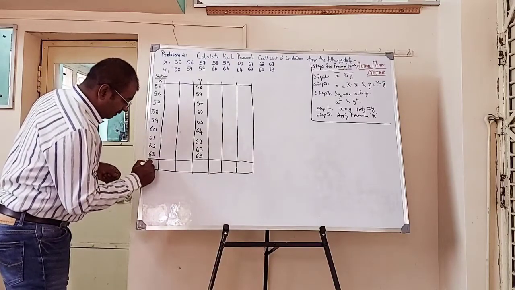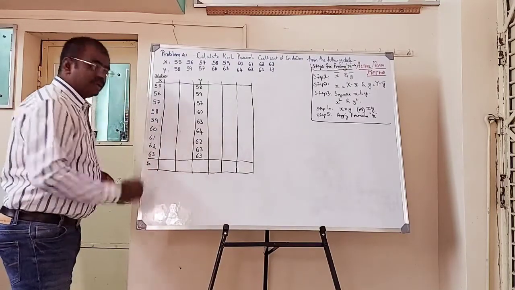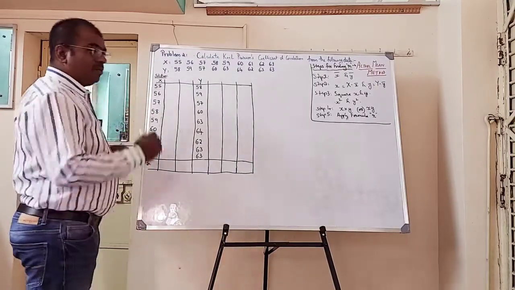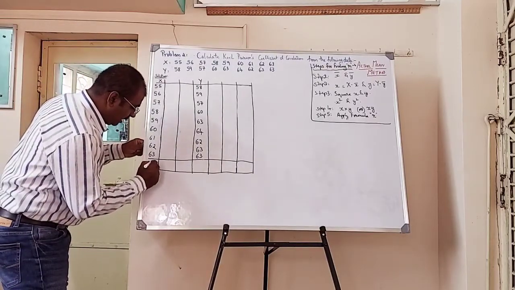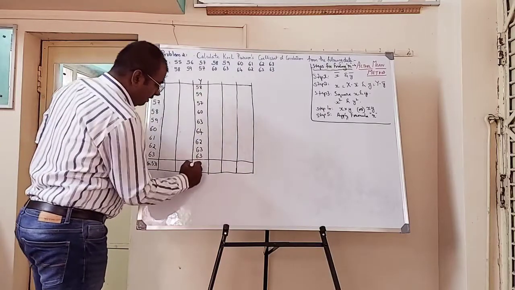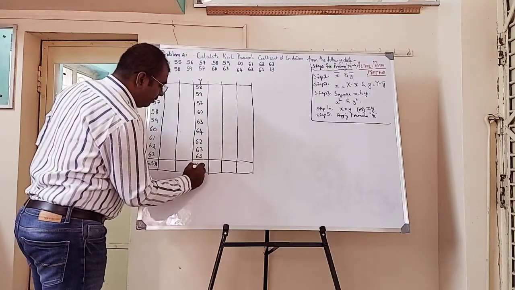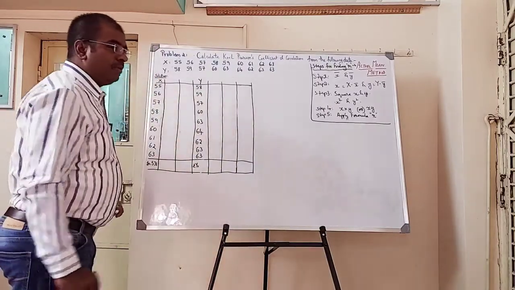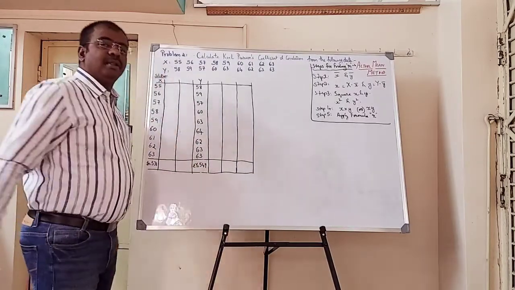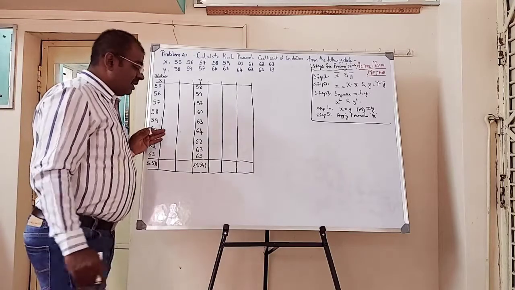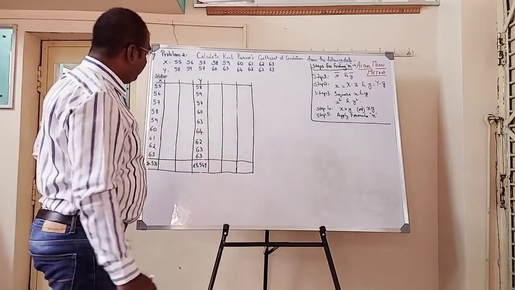Now when we add all these values, sigma x is 531, and similarly when we add all the values of y, sigma y is 549. So we know sigma x and sigma y.